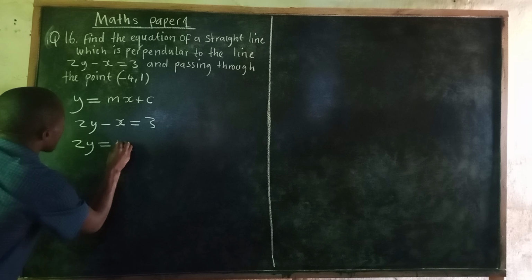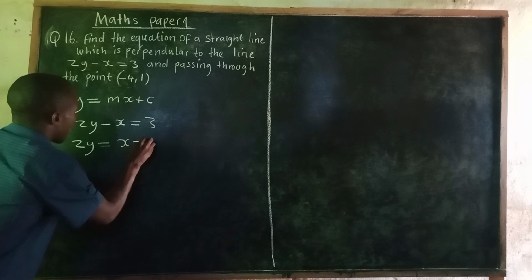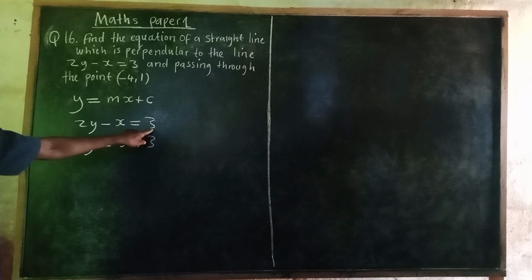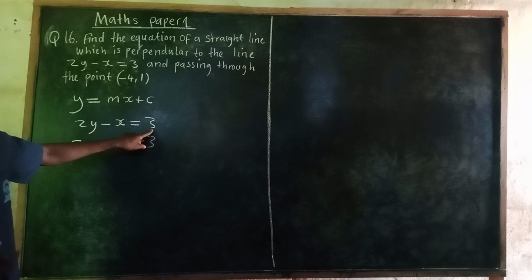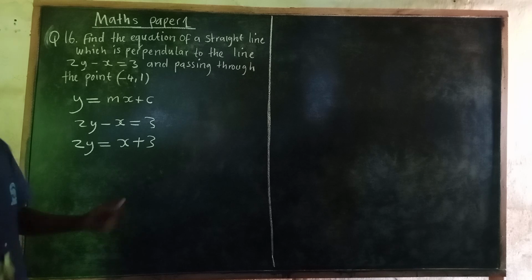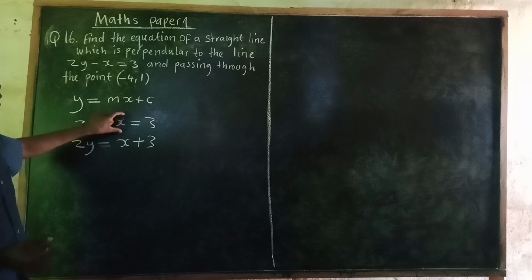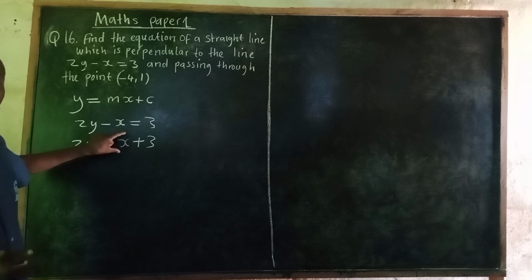So you write x here, then plus 3, because this 3 is positive and it hasn't crossed any equal sign. The only term that has crossed is the negative x. No wonder it has become a positive x.